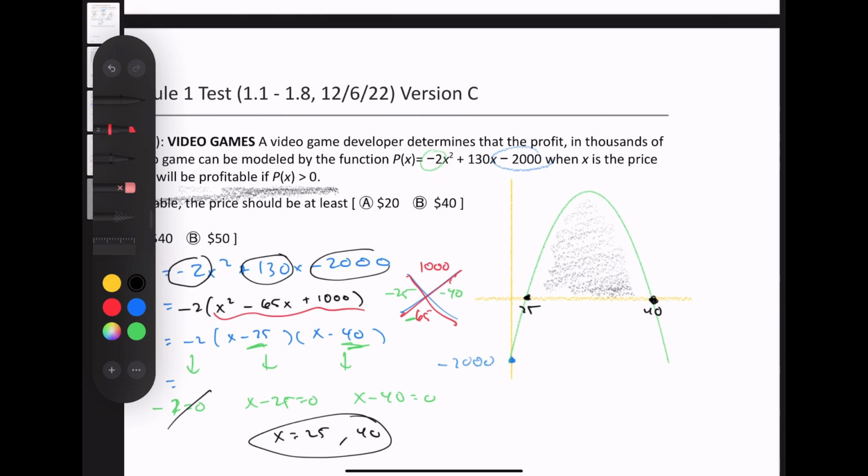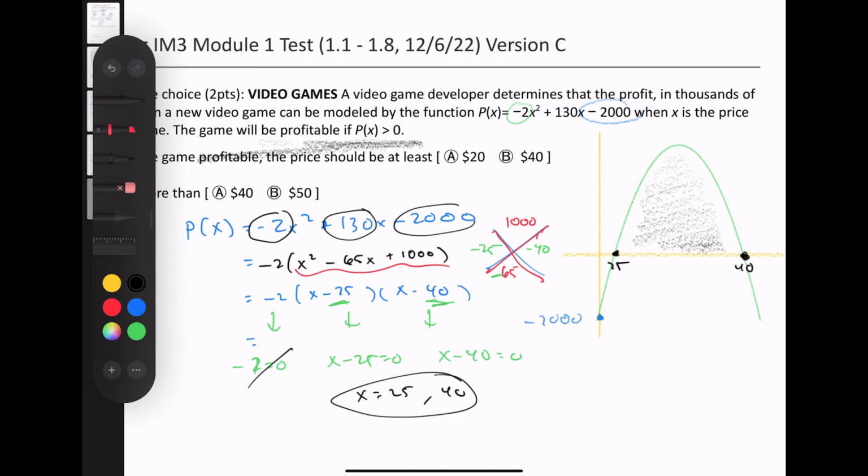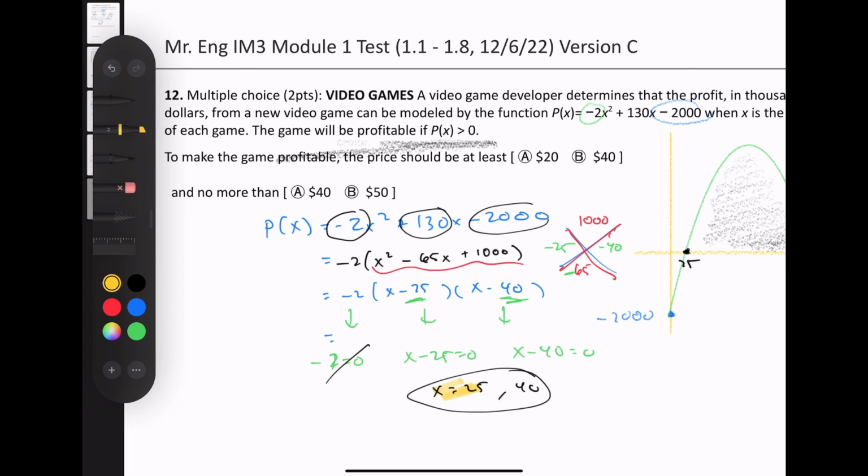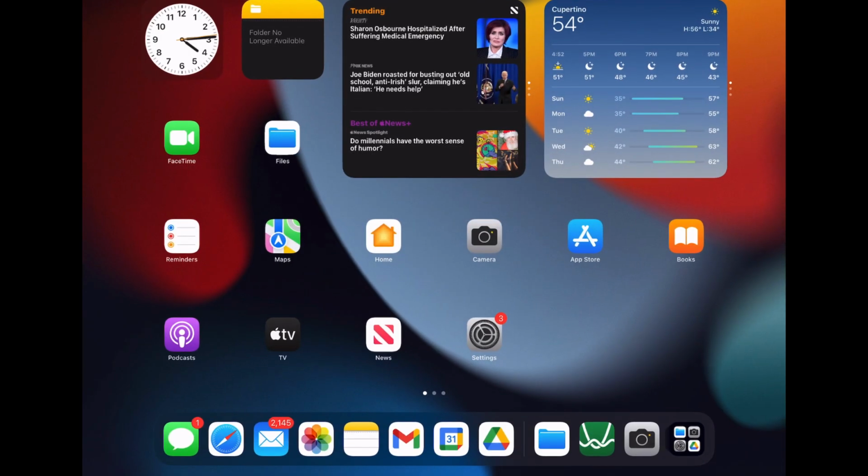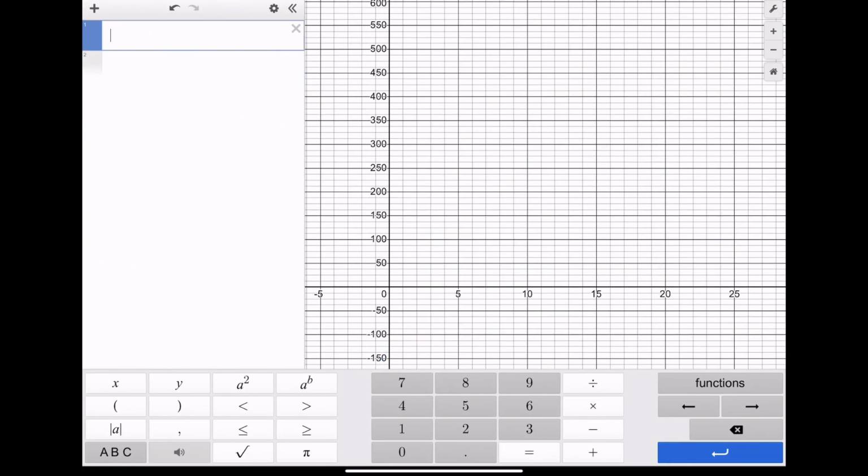Now, you can literally just put that into Desmos. So our answers are 25 and 40. Uh-oh, I think I see a typo. 25, that should be 25. Okay, let's graph it and see what happens. I'm just going to put all of p of x in there.